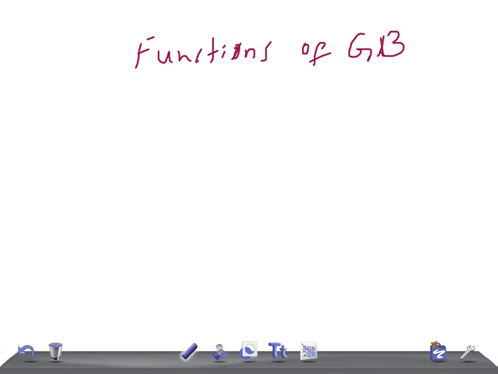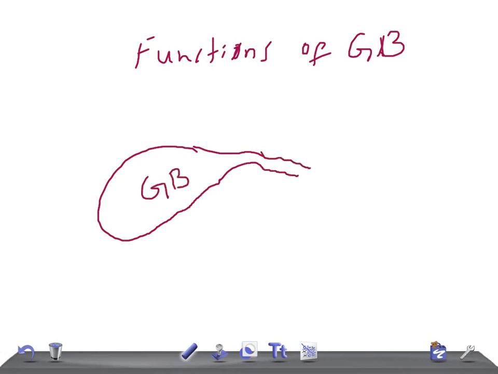So the gallbladder divides the liver into the right and the left lobe, right? This is a small pouch. Okay, this is the gallbladder, and it forms a duct known as the cystic duct.